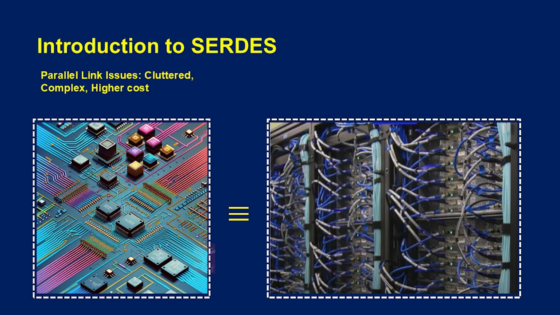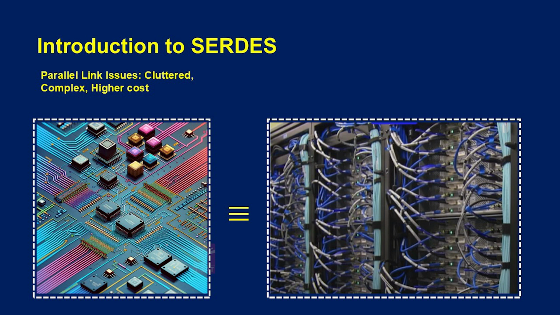This is just a representative diagram that takes us to Serdes. So, a parallel link. If you look at it, there are parallel data traces shown on a PCB, and all these components are electronic components, maybe some processors, some display units, or some other purpose, like maybe some capacitors, some transistors, some audio codecs, or some other applications.